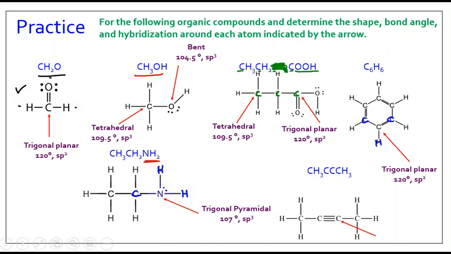But let's look at this individual carbon within this alkyne. We have a bonded carbon here, a bonded carbon here. 2 bonded atoms, no lone pairs. What kind of shape is that going to be? That is going to be linear, exactly right. And linear has what type of angle? 180, and only 2 electron domains.